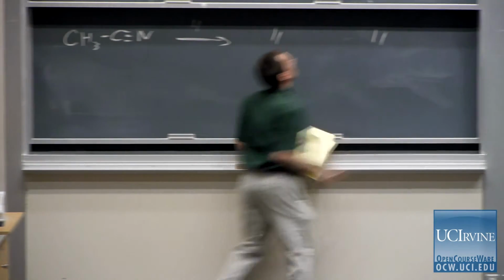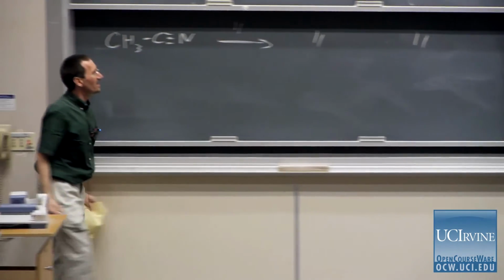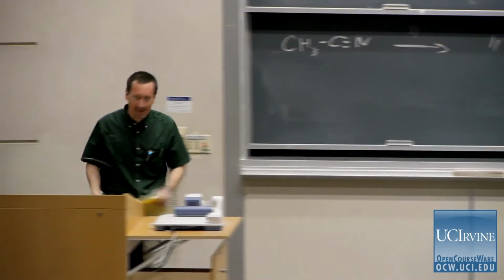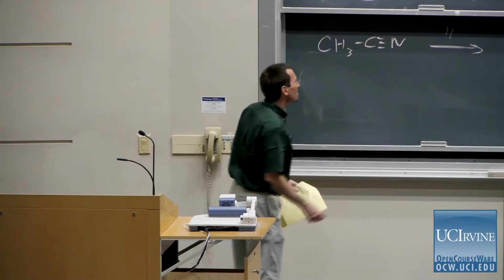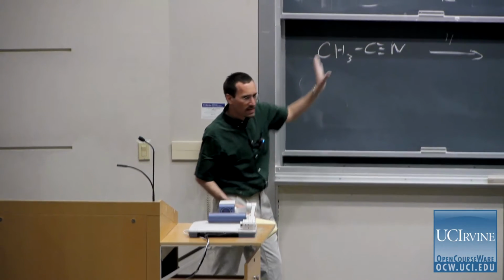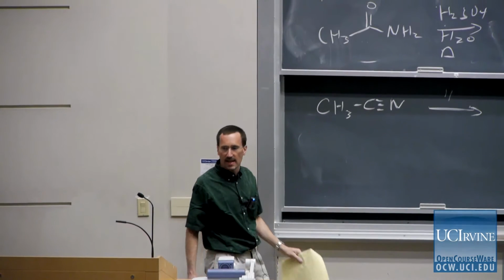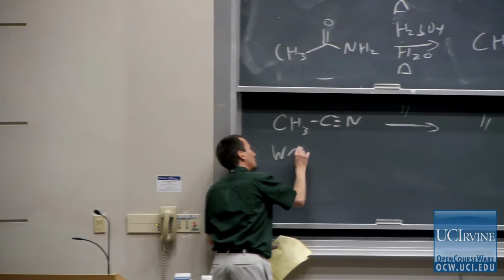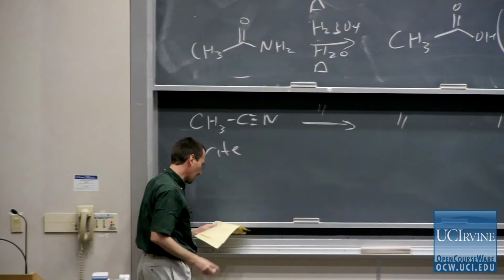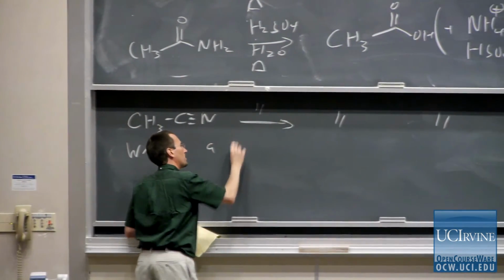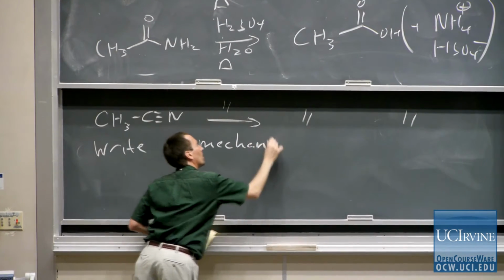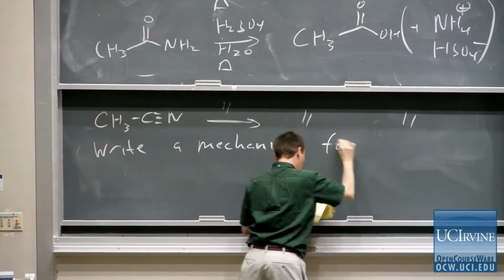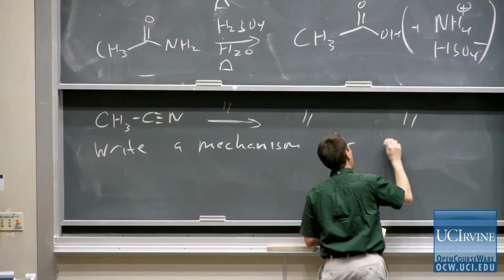You get the corresponding acetic acid and the ammonium bisulfate salt. And maybe since all of this is really analogous to ester chemistry, all the things we covered, I'll say write as an exercise on your own, write a mechanism for, let's say, the acid-promoted nitrile hydrolysis.